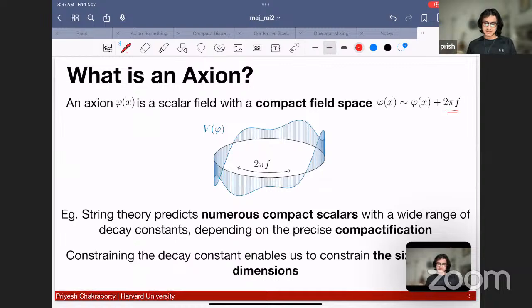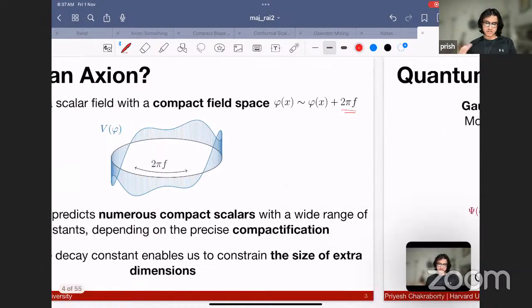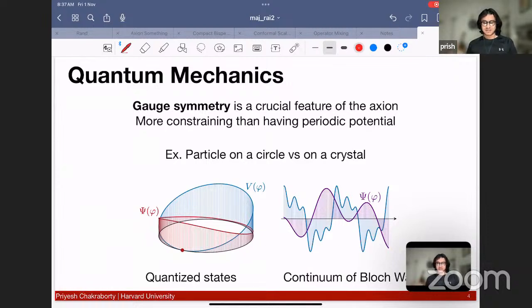Going back to this gauge symmetry, the reason I'm emphasizing it is because we already know from quantum mechanics that there's a huge difference between a particle on a circle and, for example, a particle on a crystal. Whether you choose to identify the range of your field space completely fixes the kind of states that you see.